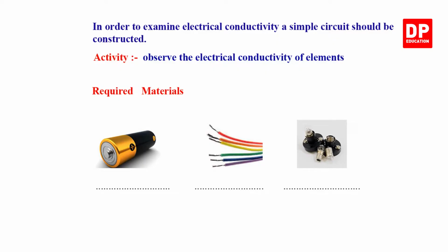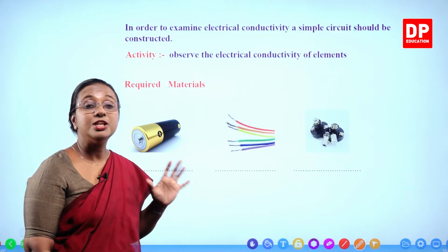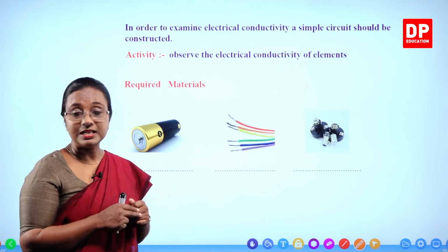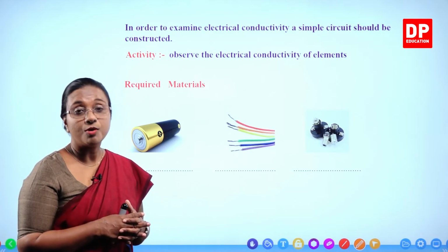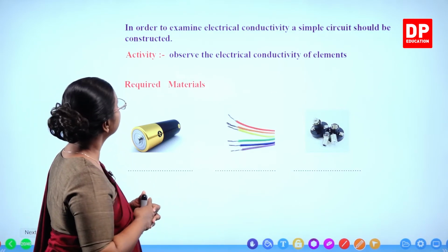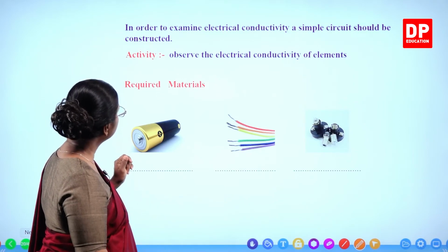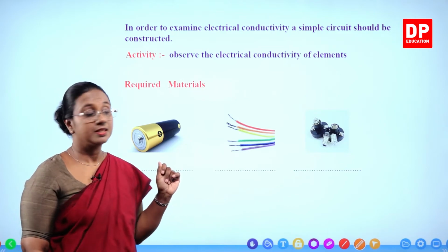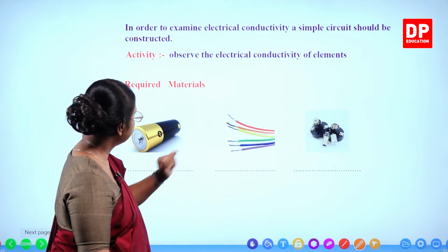Here, in order to examine electrical conductivity, a simple circuit should be constructed. In that we need to place different materials and then observe electrical conductivity. Activity: observe the electrical conductivity of elements. For that we need these materials.